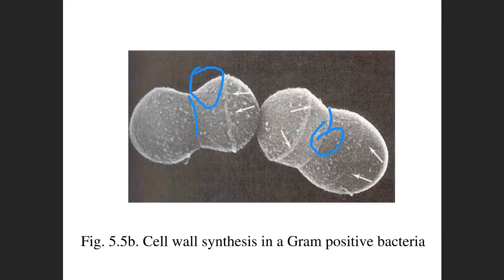Only this part, this is the old cell wall. Yeah, it is cross-linked, but this new cell wall here is not cross-linked, meaning the cell wall is very weak.